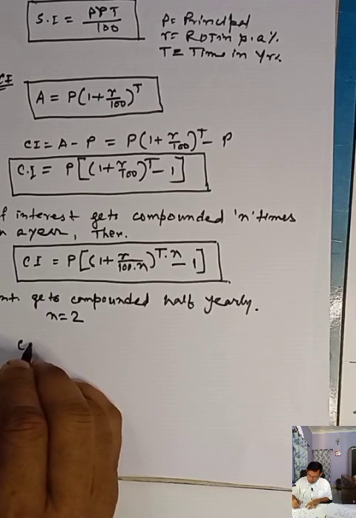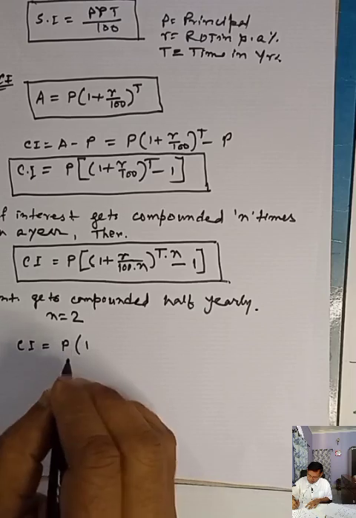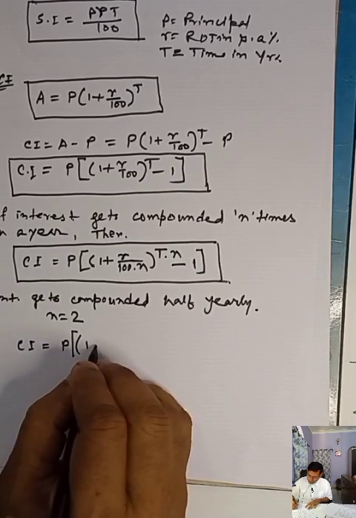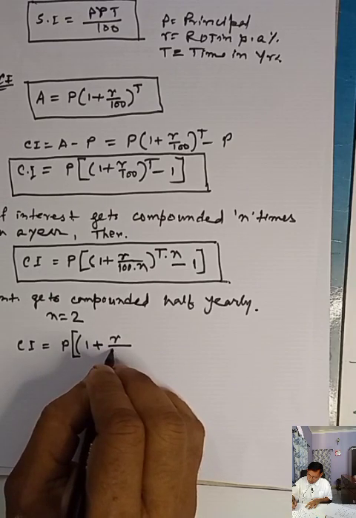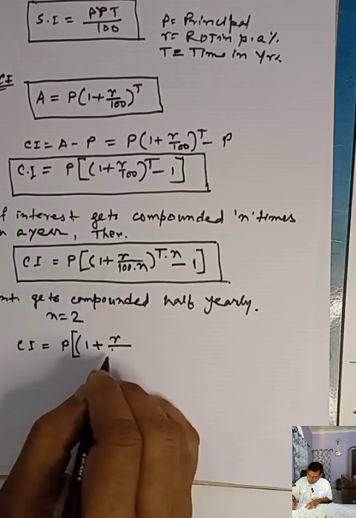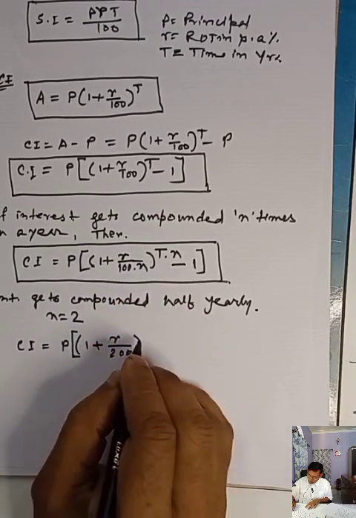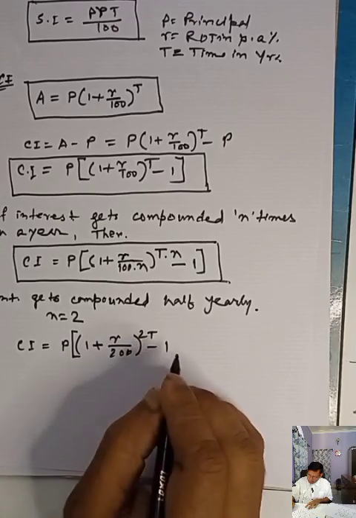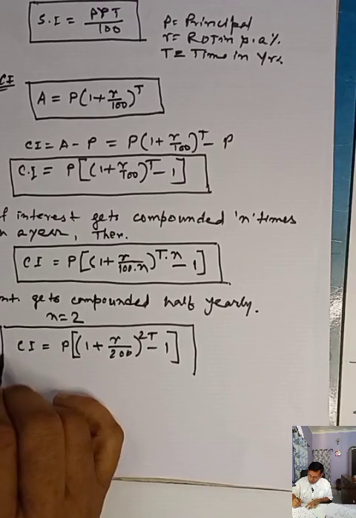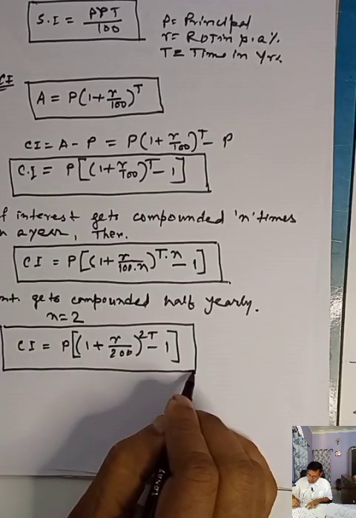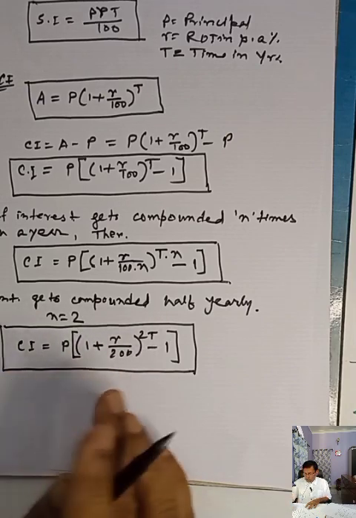So CI will be P into 1 plus R divided by 100 into 2, which is 200, to the power T into 2, that is 2T, minus 1. Then this will be the formula for compound interest if interest gets compounded half yearly. This formula is also directly used.